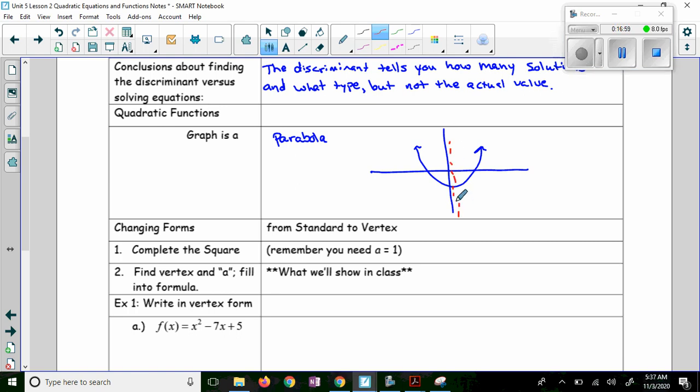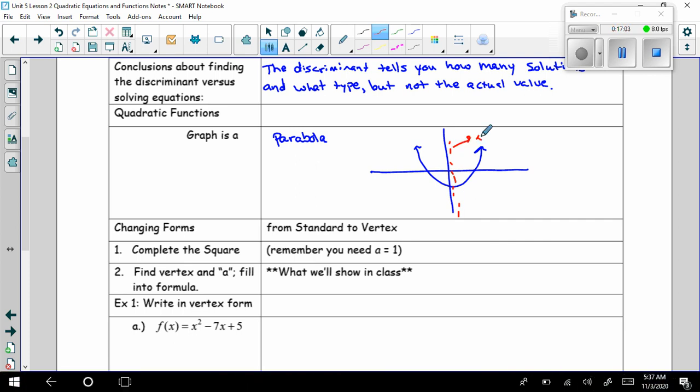These graphs have what's called an axis of symmetry, meaning they're symmetrical on both sides of it. They have a low point or a minimum or a maximum, depending on which way it's open, called a vertex. So that center point before it turns is the vertex.